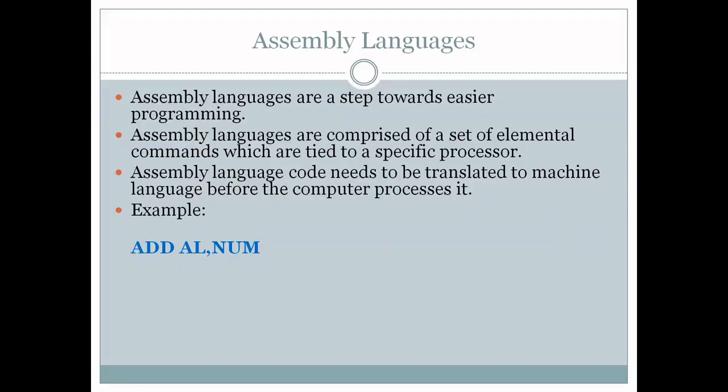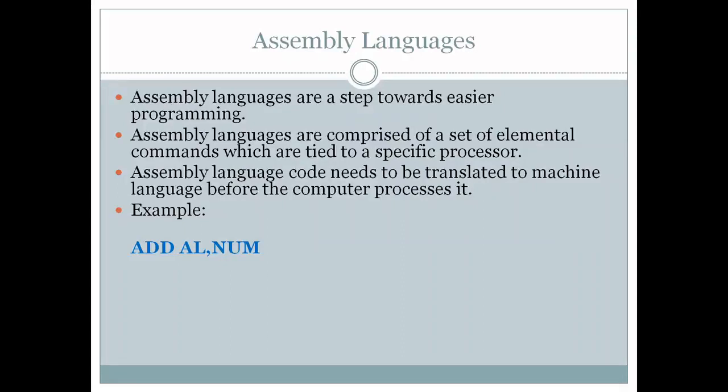Now as we are writing this in assembly level language, we need to convert it into machine level language. Why is conversion needed? Because a computer understands only machine level language. So assembly level language needs to be converted into machine level language for the machine to understand it.